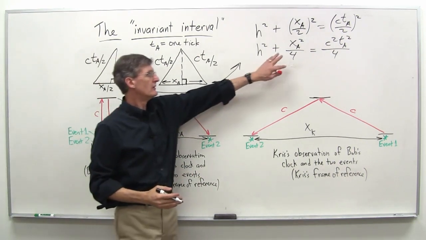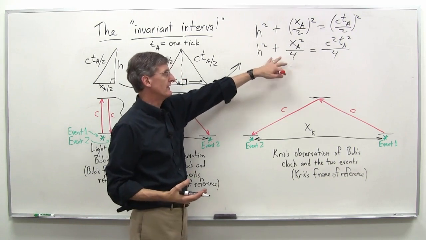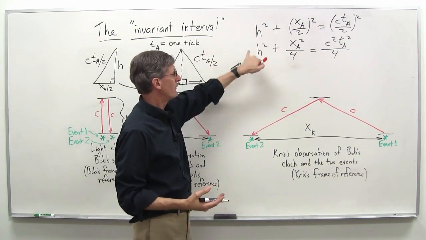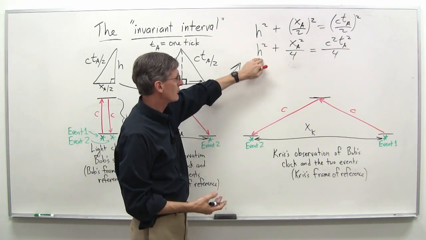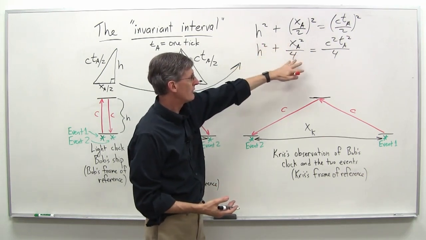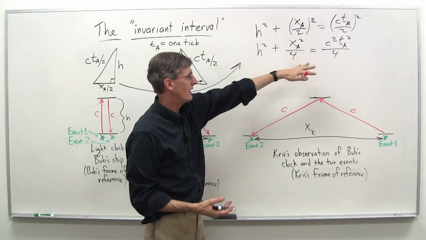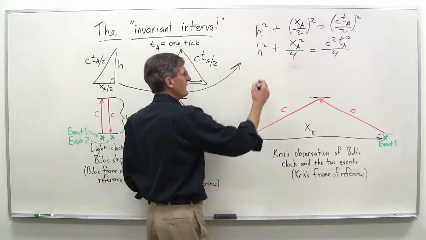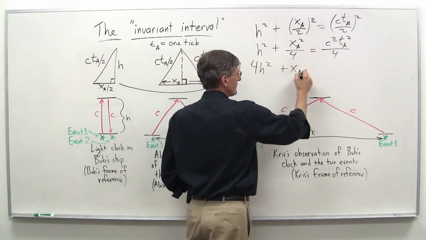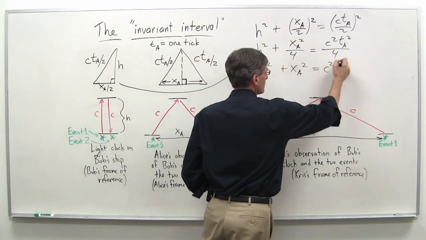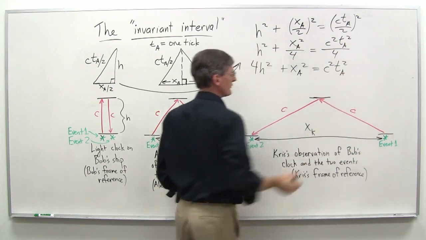I'd like to get rid of these 4s in the denominator, just clean it up a little bit. So multiply everything by 4. If I do it on both sides, of course, it's legitimate. 4h squared, and then plus 4 times that just gives me the xa squared, and I get rid of that one as well. In other words, I have 4h squared plus xa squared equals c squared ta squared.